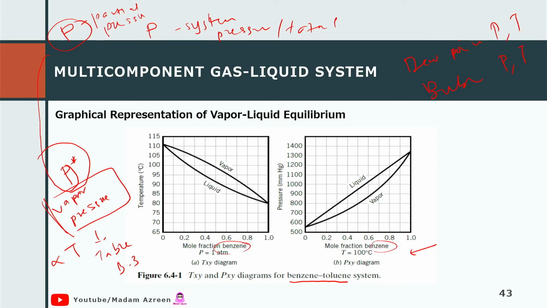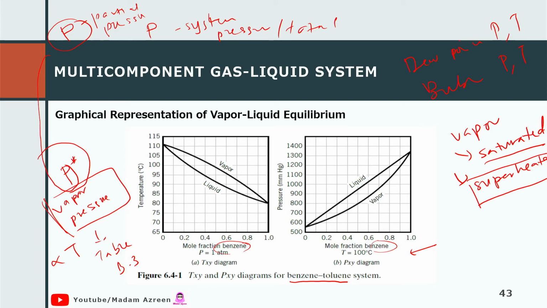What else? You need to know about the vapor: it can be a saturated vapor, and it can also be a superheated vapor. The saturated vapor is easy to condense. For the superheated vapor, we can still make it condense by using a compressor or condenser, where we reduce the temperature or increase the pressure.